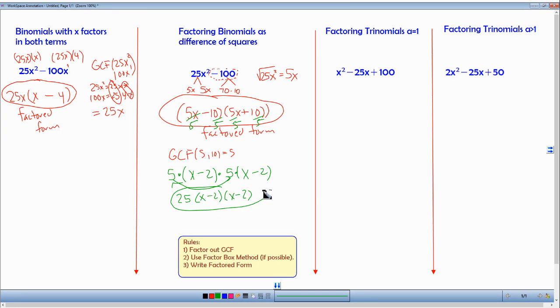This answer is where I give a 4 out of 4, because this is completely factored. So if you get here, you're already passing, but watch out for completely factored on a difference of squares. Okay, now on to the next style.